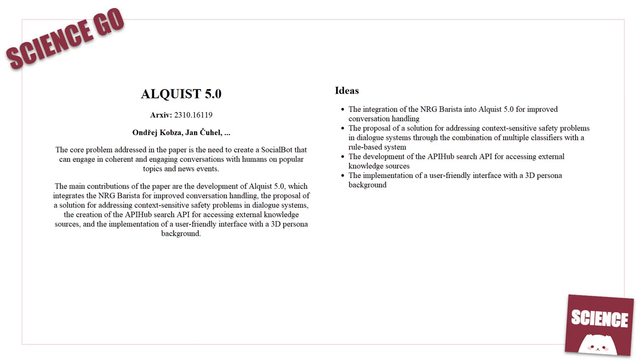Second, it proposes a solution for addressing safety problems in dialogue systems by combining multiple classifiers with a rule-based system. Third, it develops the ABI Hub Search API, which allows access to external knowledge sources. Lastly, it implements a user-friendly interface with a 3D persona background. And overall, this paper is significant because it improves the quality of conversations between humans and social bots.